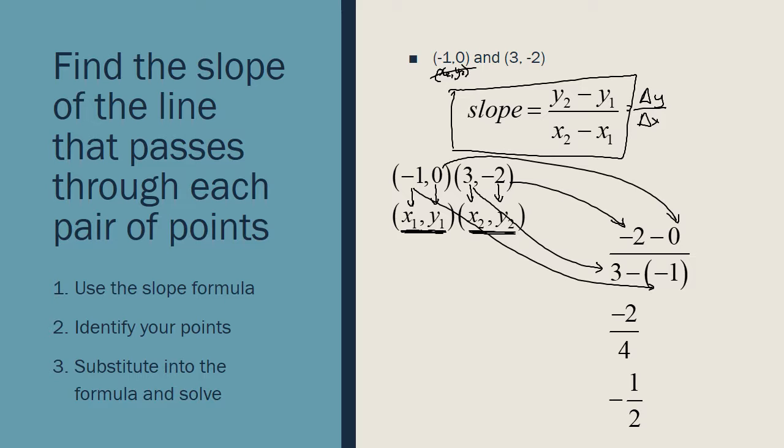Remember that subtracting a negative is like adding a positive. This is also adding a negative, but 0 doesn't have a positive or negative, so we just get -2, and then 3 plus 1 is 4. But I always have to simplify. Both of these can be divided by 2, which gives me -1/2, and this is my slope, or m.